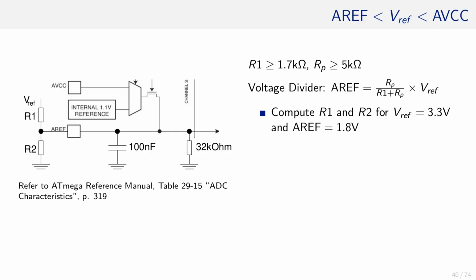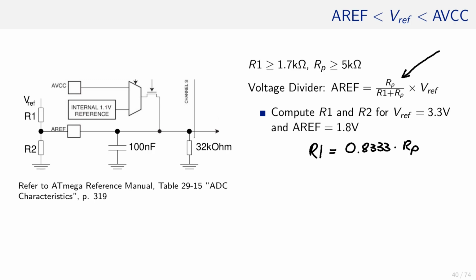To see the relationship between R1 and RP, we use the formula for the voltage divider. We insert AREF of 1.8 volt and VREF of 3.3 volt and realize that R1 is equal to 0.8333 into RP. That is an interesting observation.